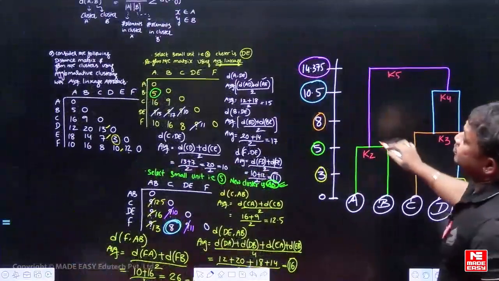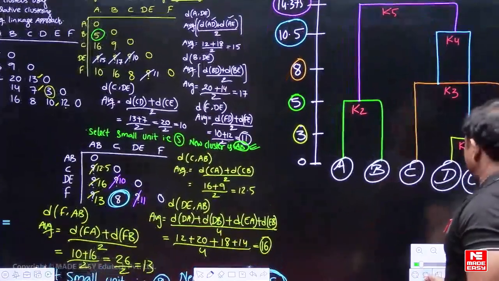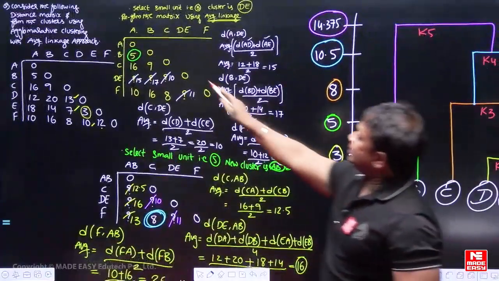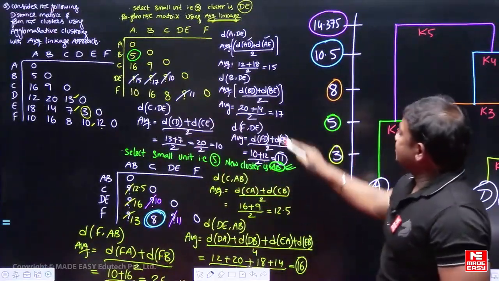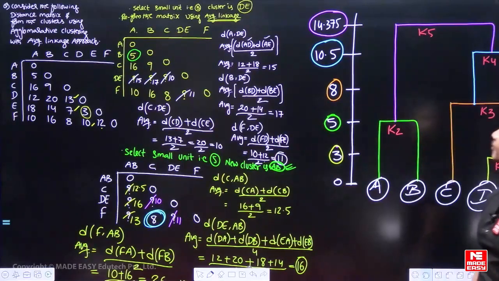This is our question. From this, our question started. Consider the following distance matrix. Yes, this one. So every time I calculated the average distance.